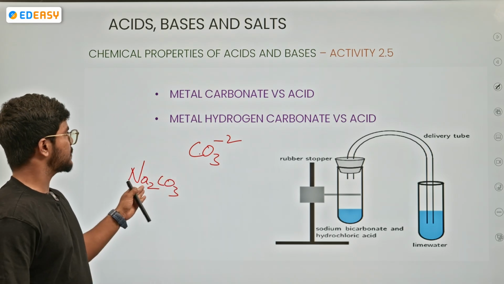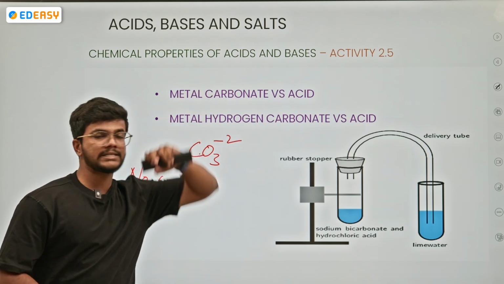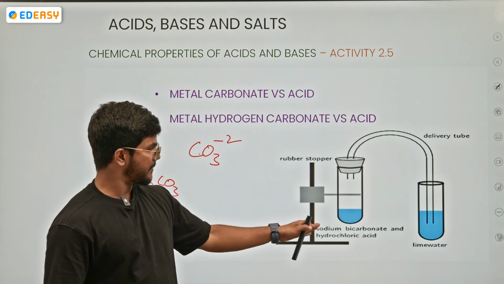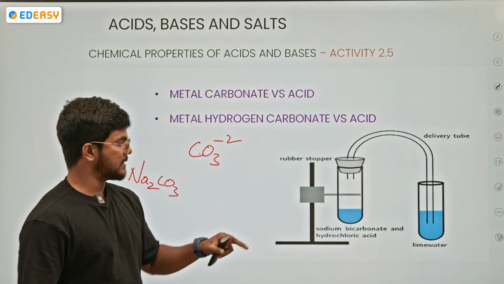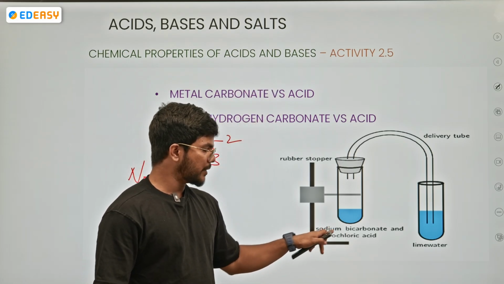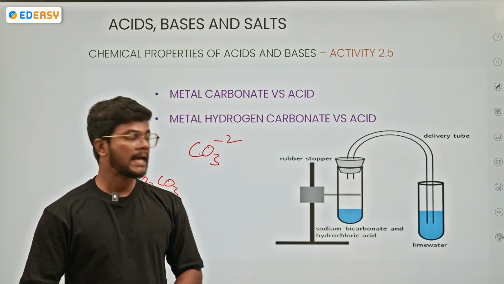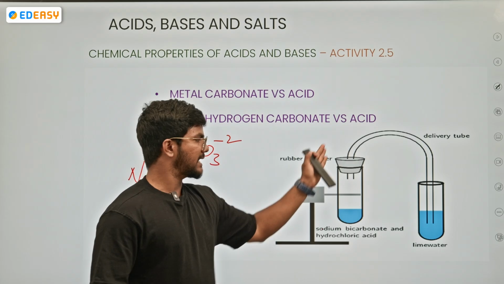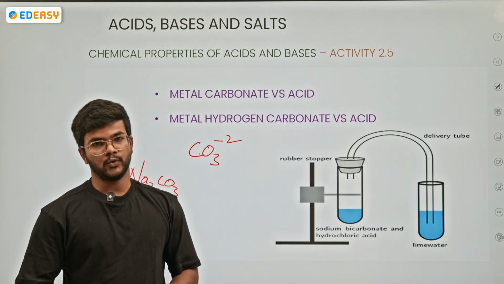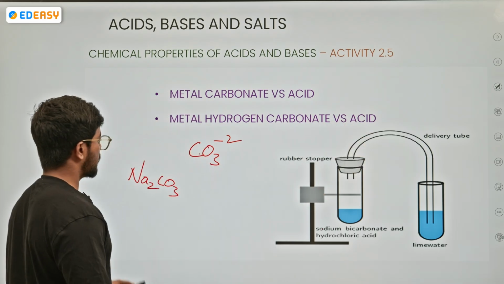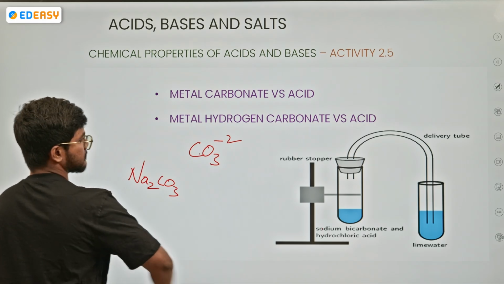Na2CO3 is a metal carbonate when it reacts with the acid. So what is this experiment? Activity 2.5 is an experiment with sodium bicarbonate and HCl, hydrochloric acid, which gives a gas called CO2. So how can we do that experiment?